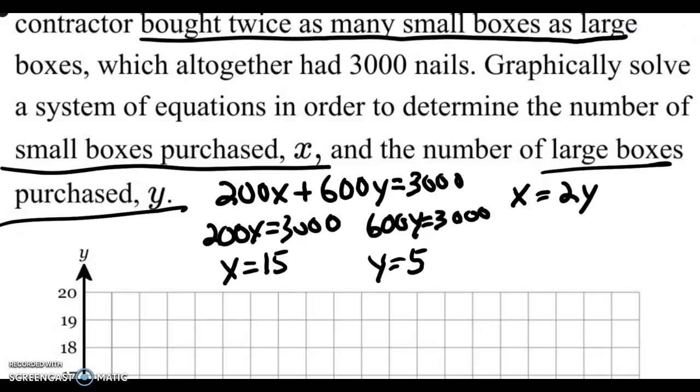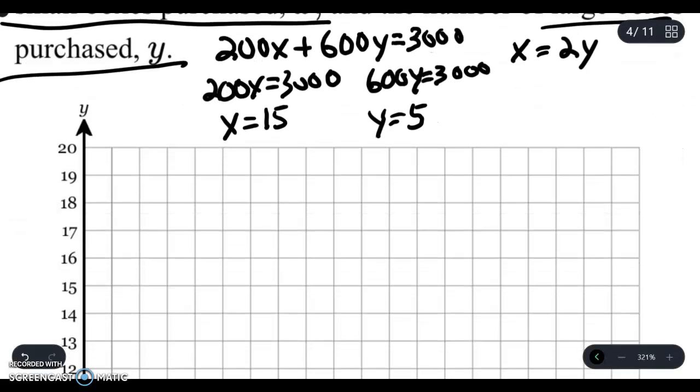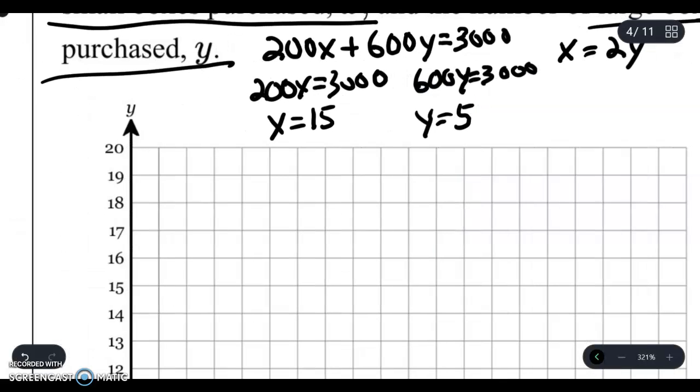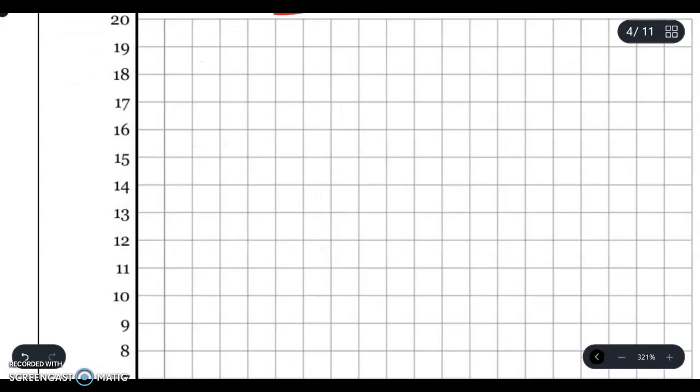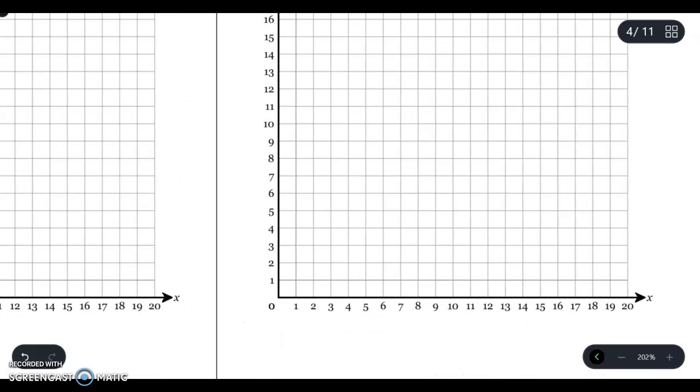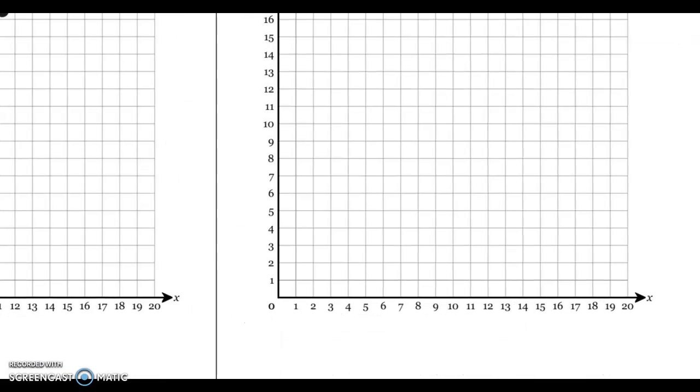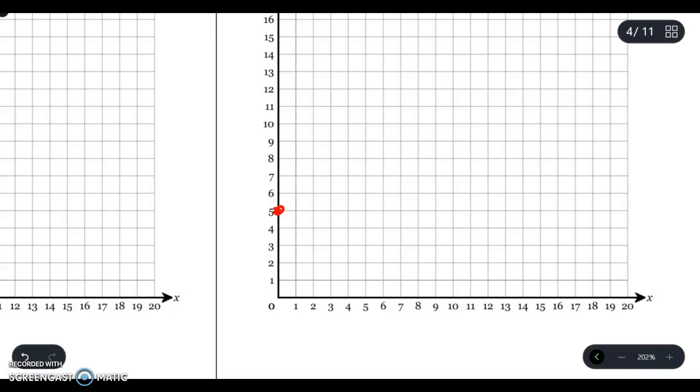Okay, so now we've got those. I'm going to graph those right quick. We've got y equal to 5 and x equal to 15. So I've got 5 and 15, and draw a line.